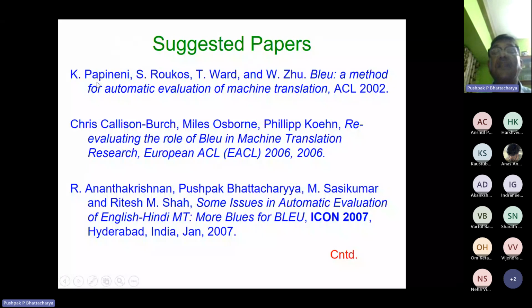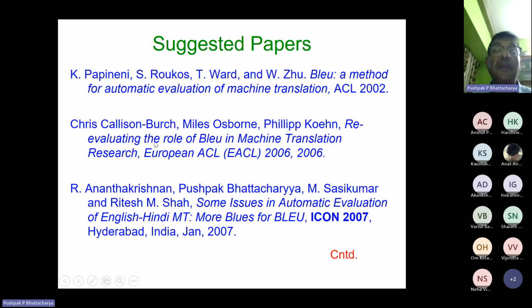So this is the landmark paper for machine translation evaluation. This is where the BLEU score was introduced in 2002. And as I mentioned to you, lots of people are surprised by the effectiveness of this score.